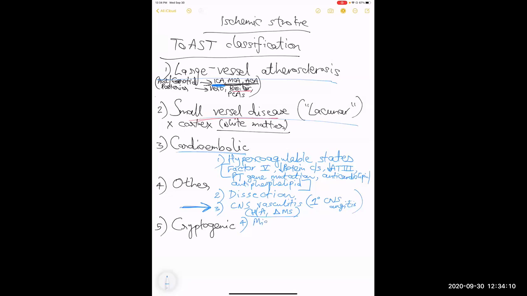Migraine with aura is considered an independent risk factor for stroke, especially if you combine it with smoking. If aura persists for more than 24 hours, it is always a good idea to get an MRI brain. In my training, I had an ER physician.